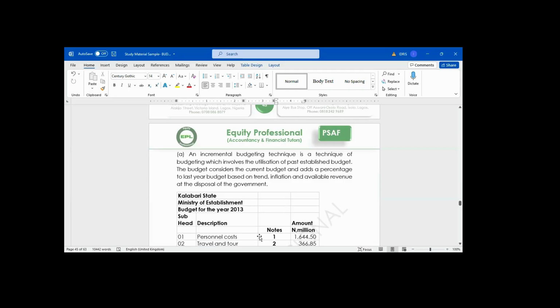The personnel costs for 2013, you write it the same way: sub-head, description, note, amount. The personnel cost for 2013 is 1,644,050,000.